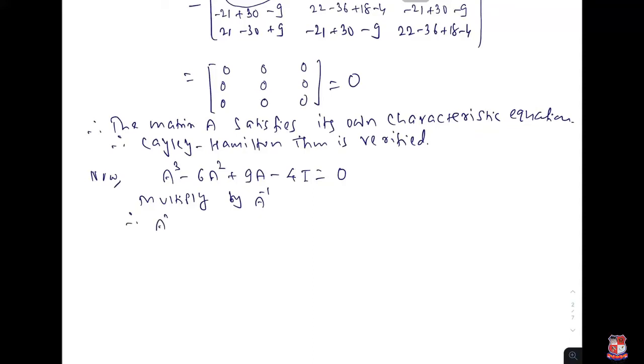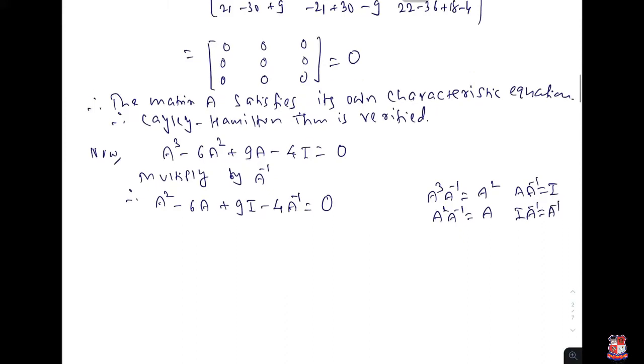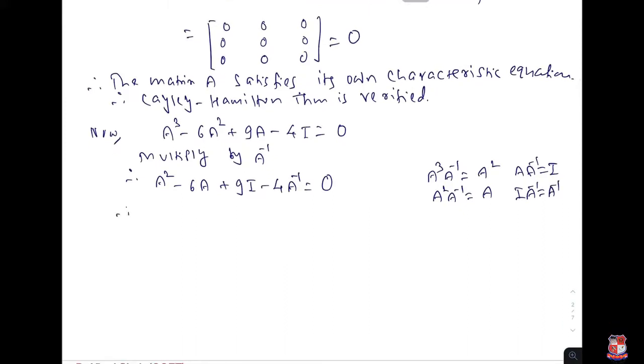So then we have A square minus 6A plus 9I minus 4A inverse, and 0 matrix into A inverse is also 0. So A cube A inverse is A square, A square A inverse is A, A A inverse is I, and I A inverse is A inverse. Therefore this we can take on the right side.